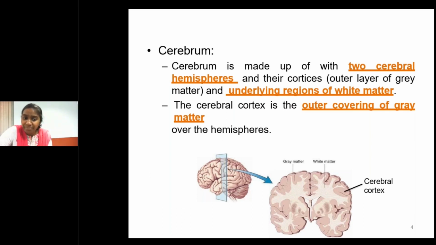It is white outside, because the nerves play an important role in transmitting signals, afferent and efferent stimuli. So the axons are arranged outside, then the cell body. So the white color is outer and the gray cell body is inside.